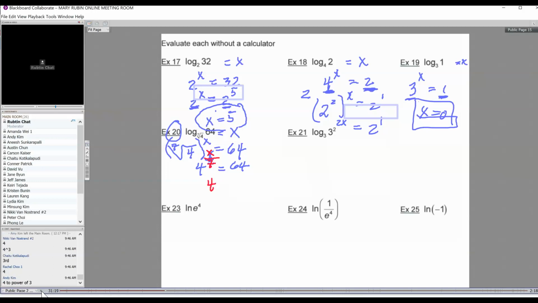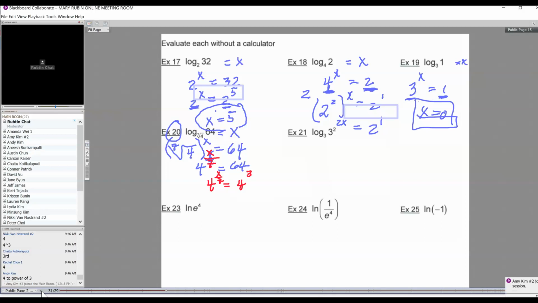So I could say 4 to the x over 7 equals 4 to the 3rd. Now you could have used a base of 2 also. You would just have 2 to the 6th. That's fine too. But then once you have this, the beautiful thing is you can solve this. So x over 7 is 3, and x equals 21.